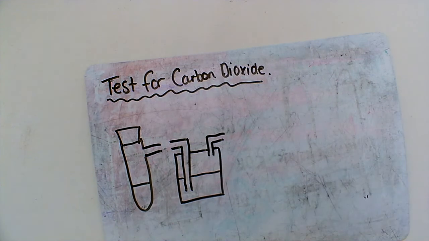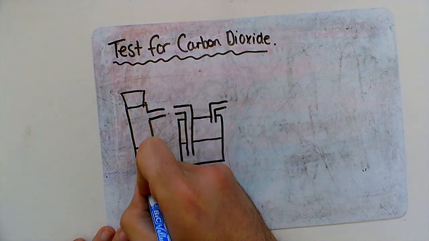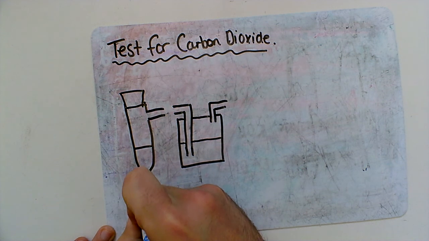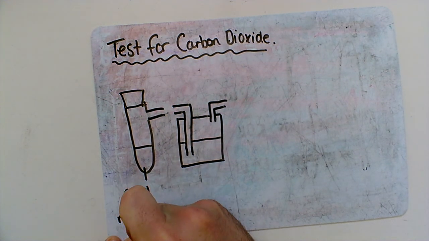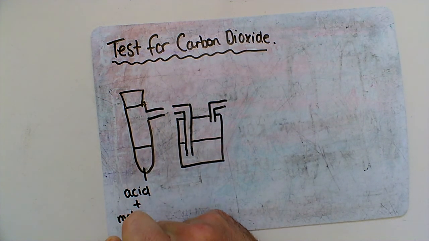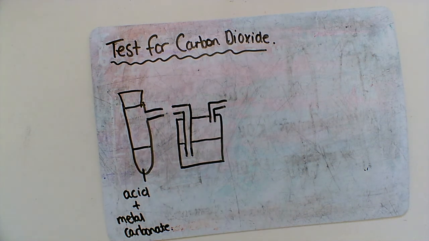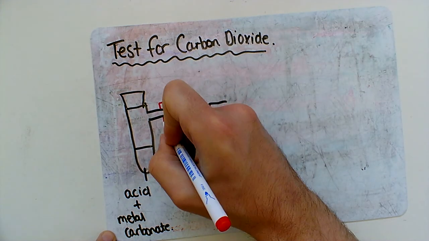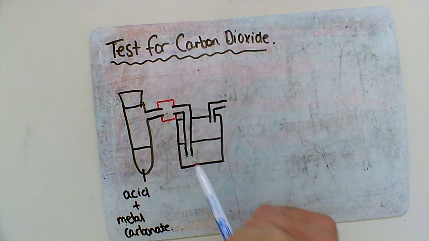And the setup looks a bit like this. So in your test tube here, you have your acid plus your metal carbonate. And you attach it, so you need a wee sidearm, and you attach it, get some tubing, that can be quite long, doesn't have to be that, and it goes into a container like this.